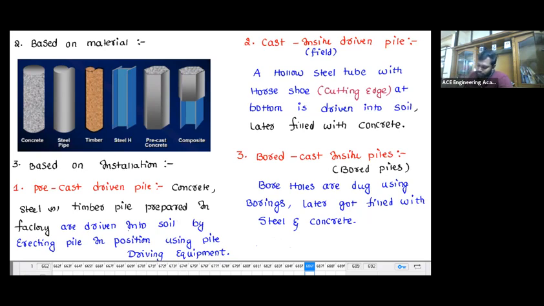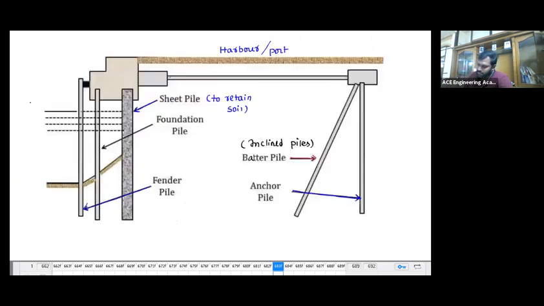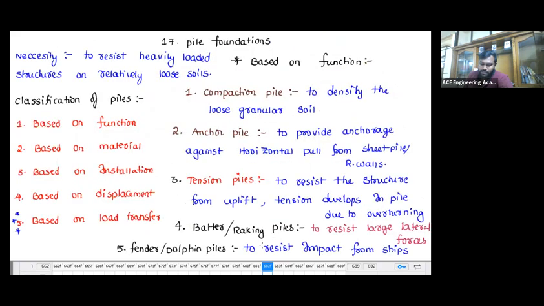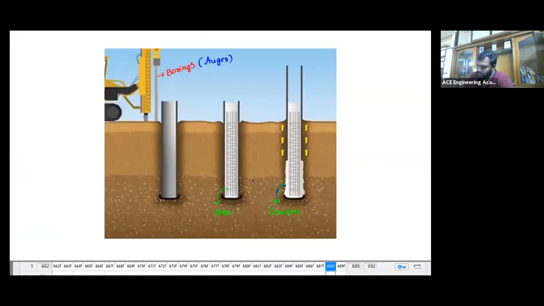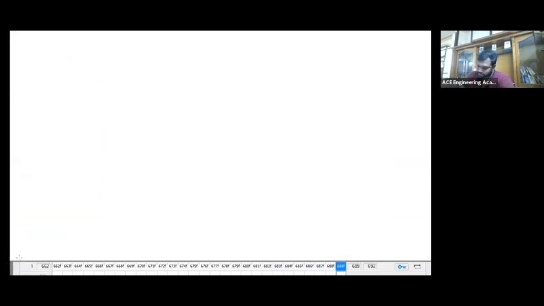So I told you the first classification is based on function, based on material, based on installation, and based on displacement. We'll see the last one, based on load transfer. This is very important for our examination.